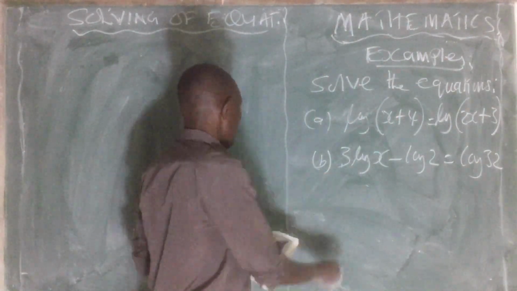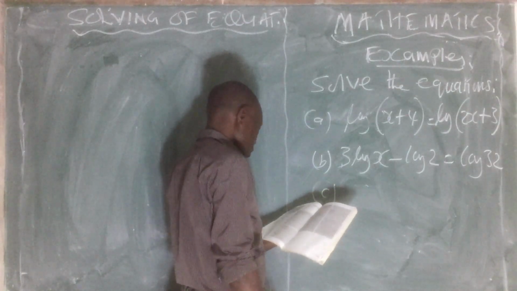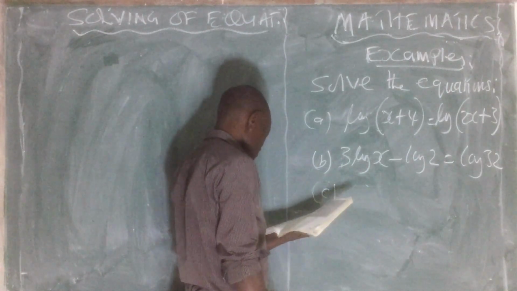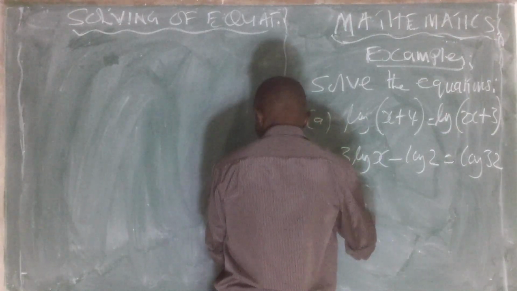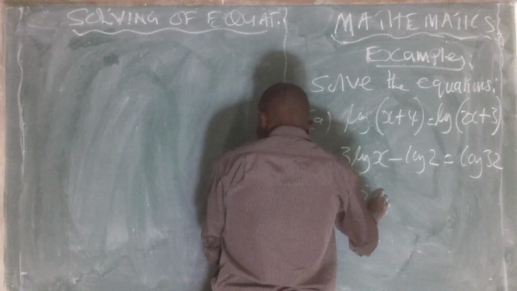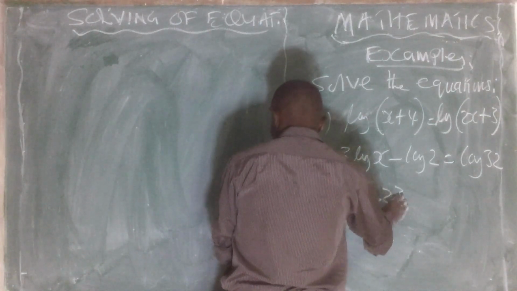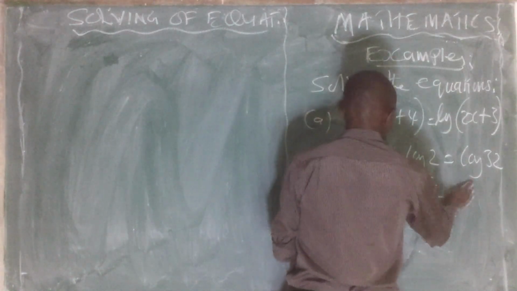And the very last one here is 2.237 to the power x is 5.